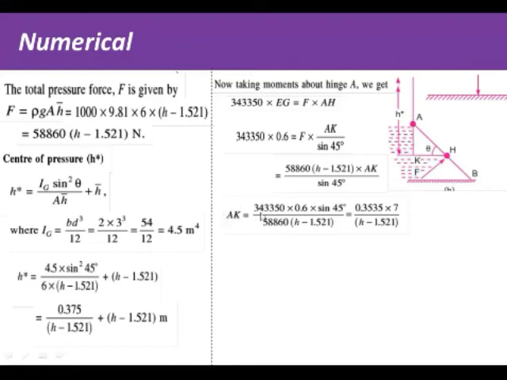AK is 343350 into 0.6 into sin of 45, divided by 58860 into H minus 1.521. If you solve this on calculator, you will get 0.3535 into 7 upon H minus 1.521.